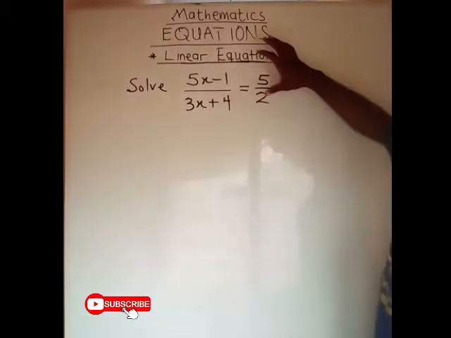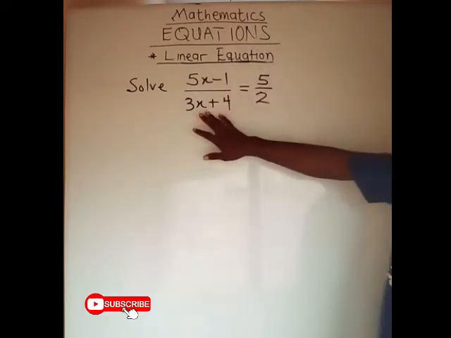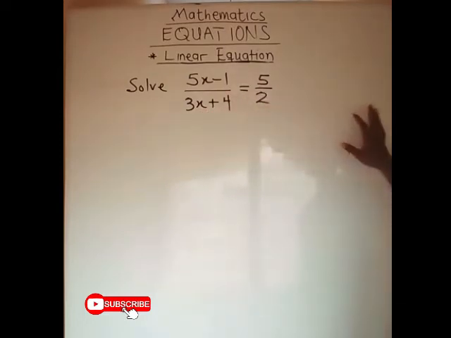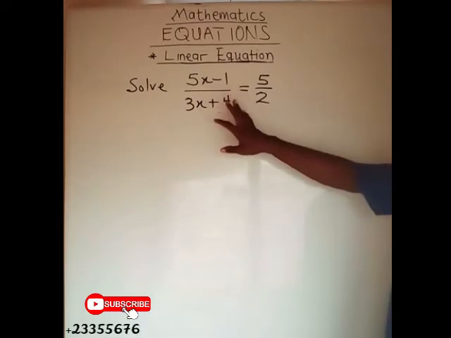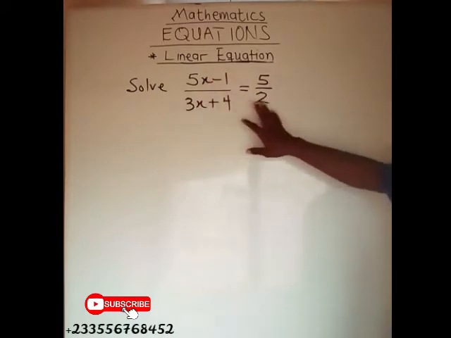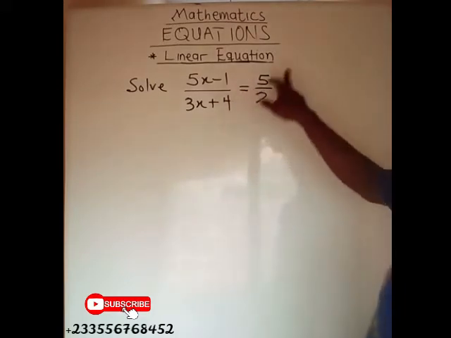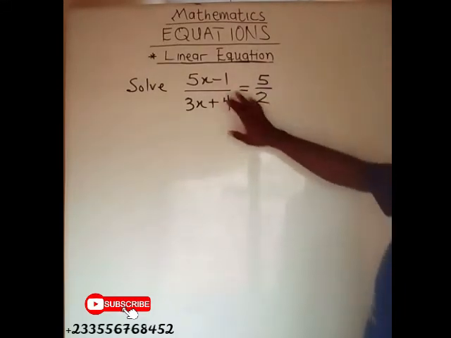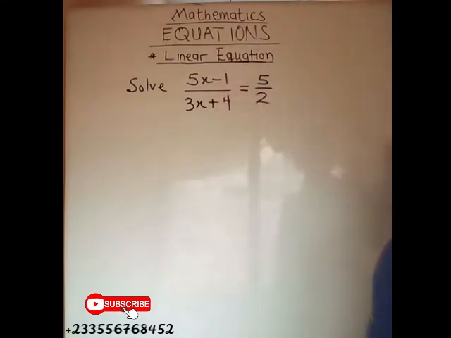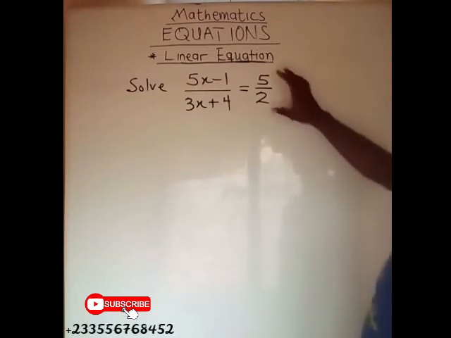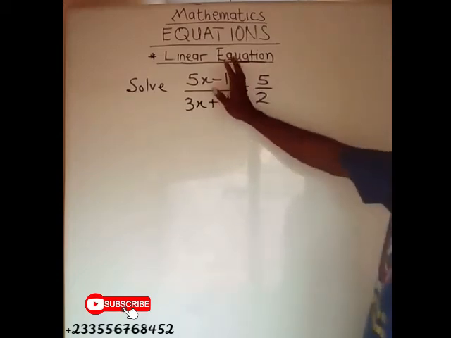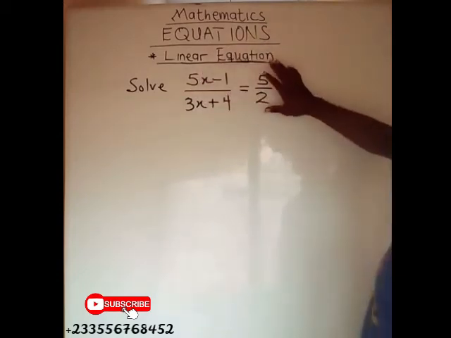So when you are asked to solve a linear equation which is in this form, you can use the LCM method by finding the LCM of the two fractions, or you can use the cross multiplication method. That one is simpler than using the LCM method. The cross multiplication method will be only used when you have one fraction here and another fraction here.